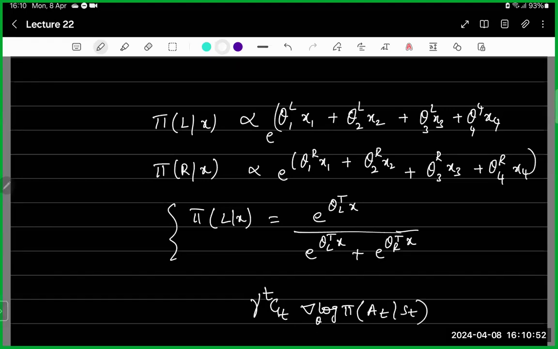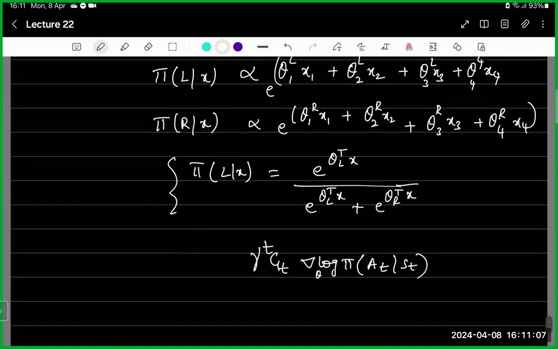You just take the derivative appropriately, compute this and keep updating your policy. You generate one sample episode, calculate the derivative and keep updating. So this is the basic version of REINFORCE. So what is REINFORCE with baseline?